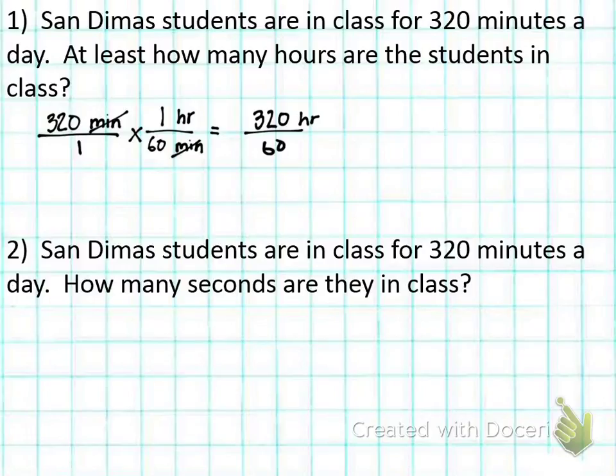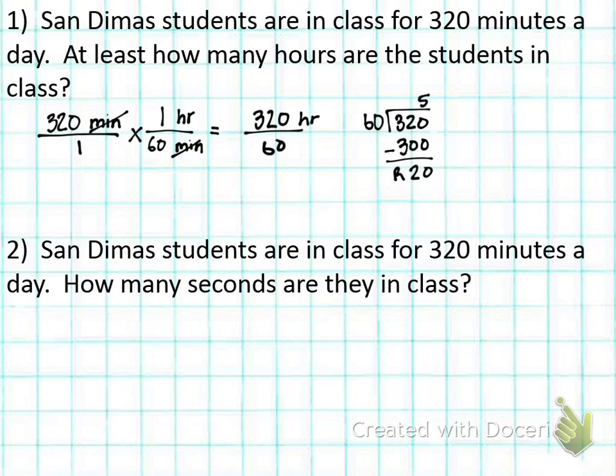Now I have a division problem, 320 divided by 60. Remember how we were doing some division for homework? You do a side problem. Does 60 go into 320? Nope. Or does it go into 32? No, it goes into 320. And it goes in 5 times. So we got 5 times 60 is 300. Subtract and I get 20 as my remainder. That means there are 20 minutes. But the question's asking, at least how many hours are students in the class?